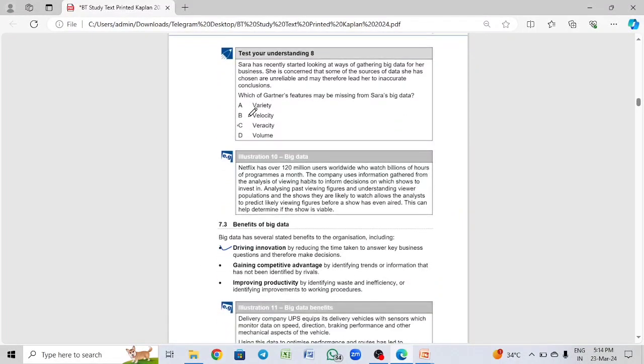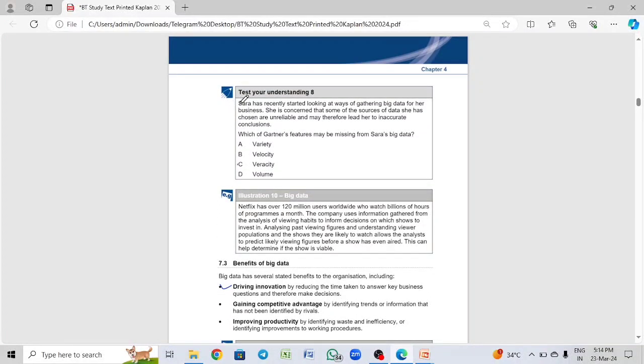Okay, so now test your understanding number 8. Sarah has recently started looking at ways of gathering big data for her business. She is concerned that some of the sources of data that she has chosen are unreliable and therefore lead her to inaccurate conclusions.